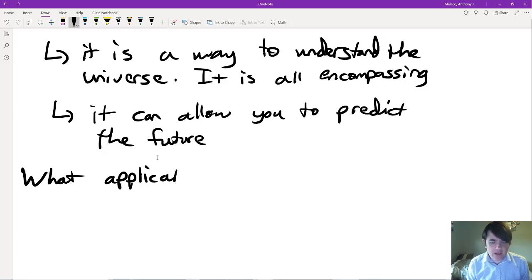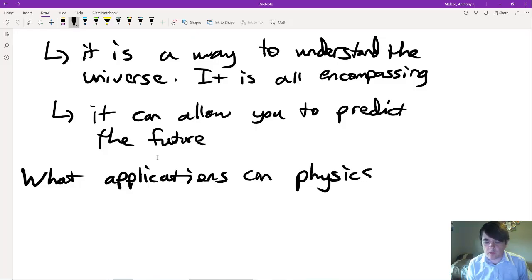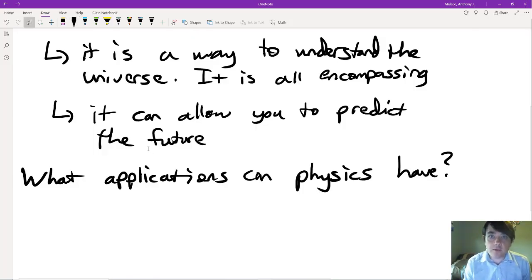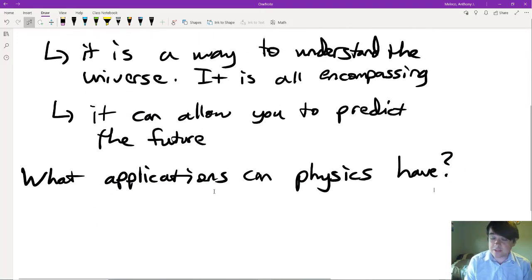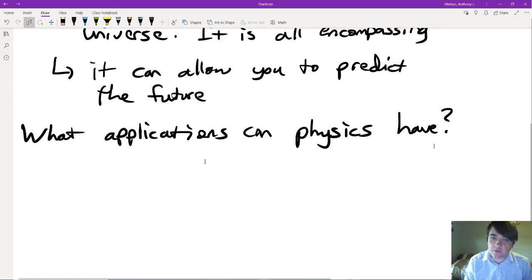So what applications can physics have then? Okay, we talked about how it's extremely broad. Most of you who are in this class are not going on to become physicists. A lot of you in here are going on to the medical field or perhaps engineering, depending. And so you must be thinking, well, I'm not going to ever do this.